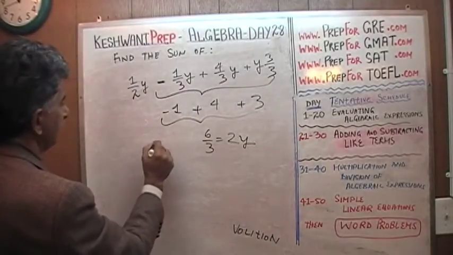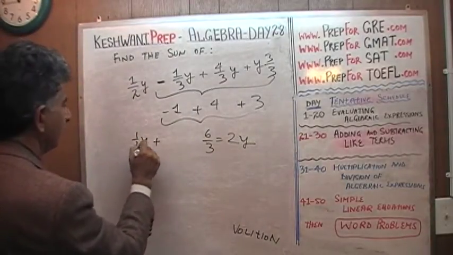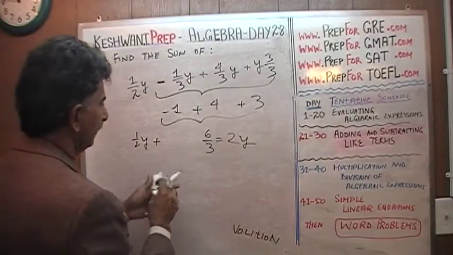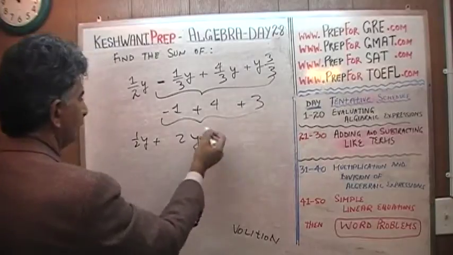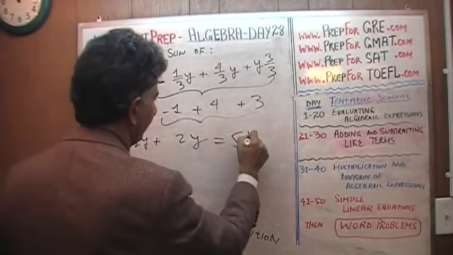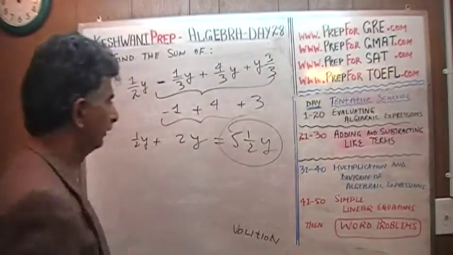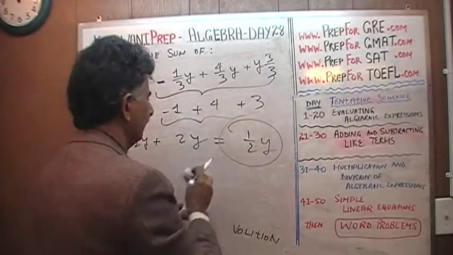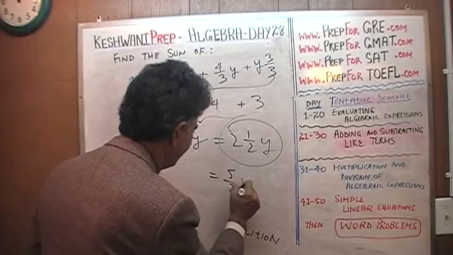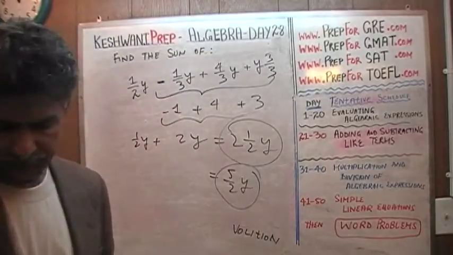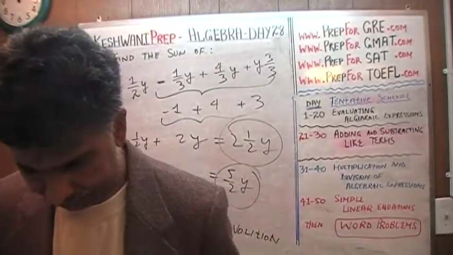And then at the front we have half a y. Oh, there you go, that's it. So the sum of the whole thing is 2y plus half a y, which is, sorry, 2.5y, or 5 halves if you like. That was the answer, 5 halves.